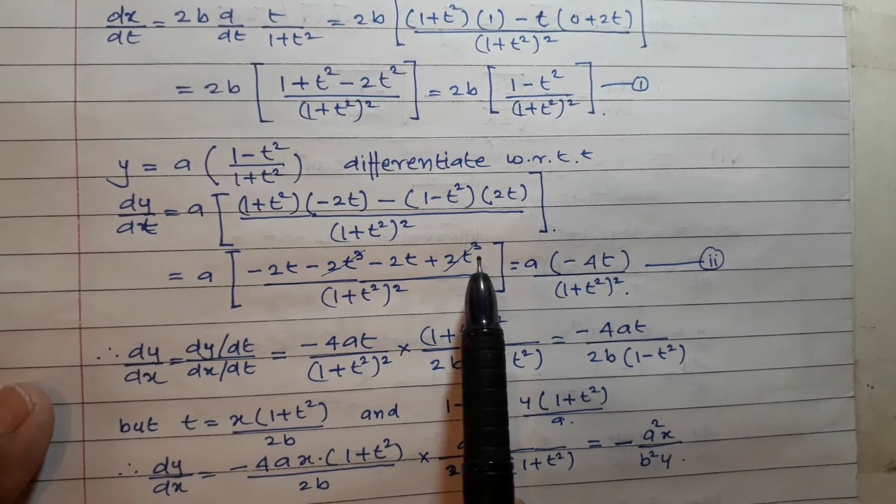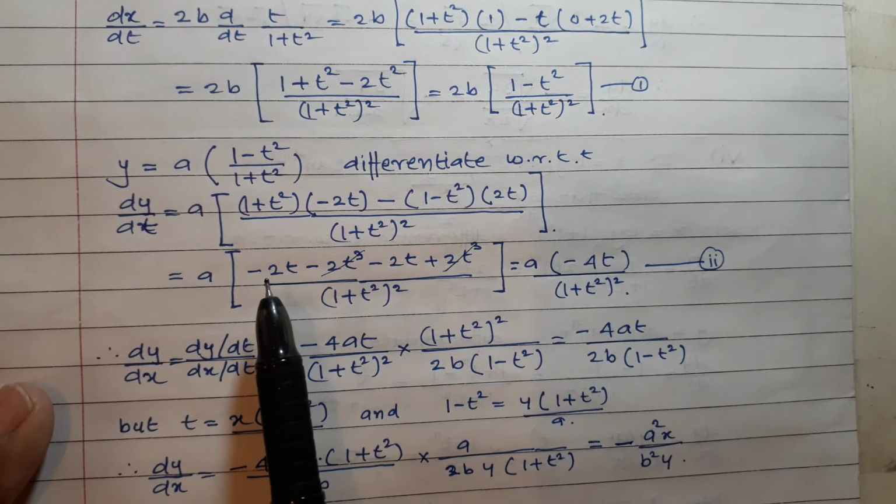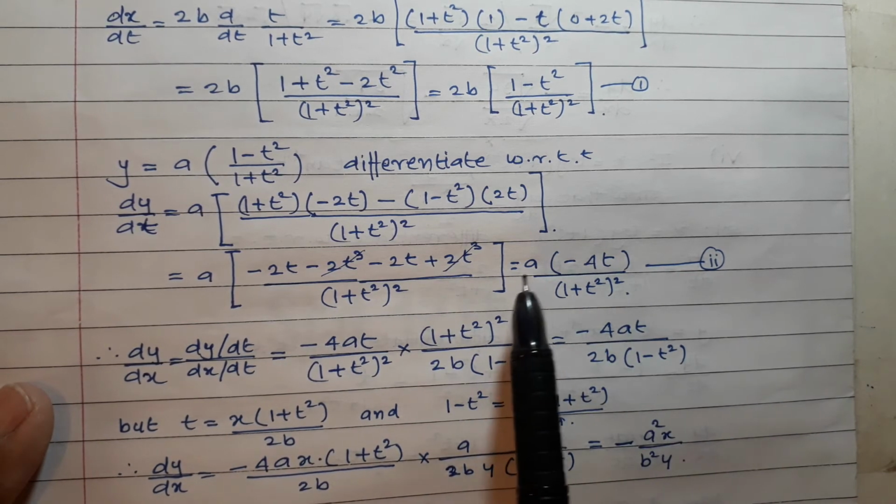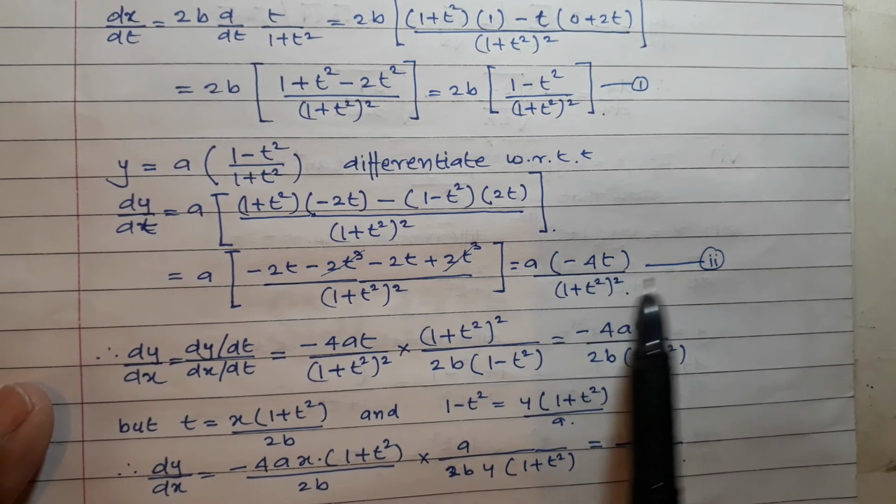Here this and this get cancelled, and minus 2t minus 2t is minus 4t, so it is minus 4at upon 1 plus t square whole square.